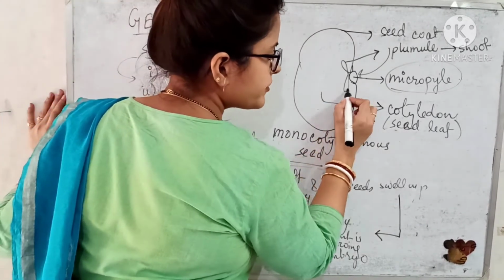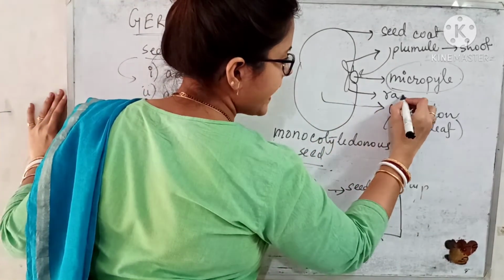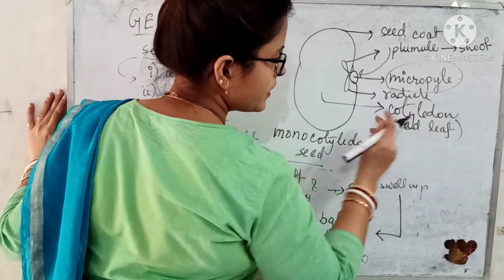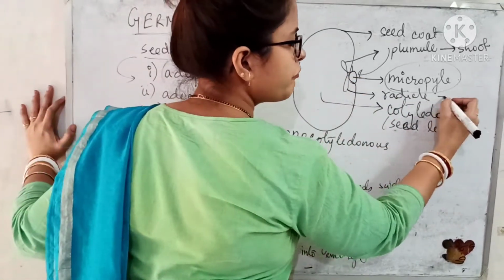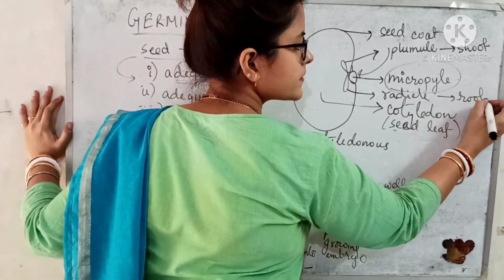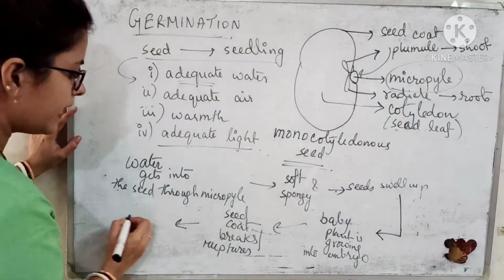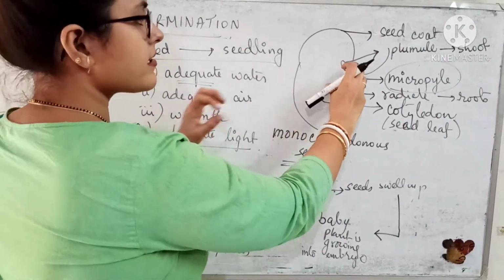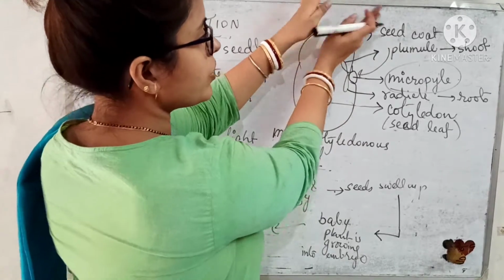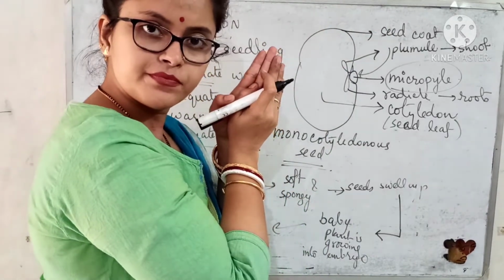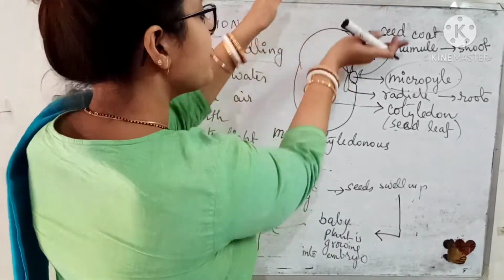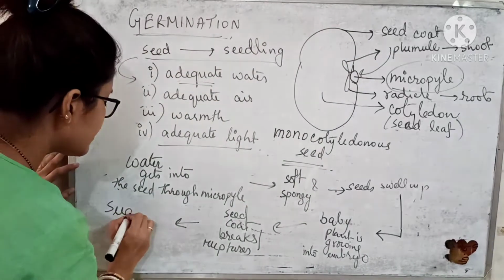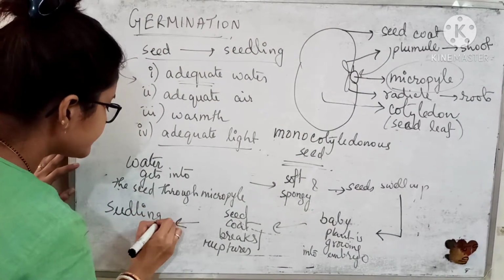And this part of the baby plant, which is called the radicle, grows a bit to form the roots. And ultimately, that baby plant which comes out of the seed is called the seedling.